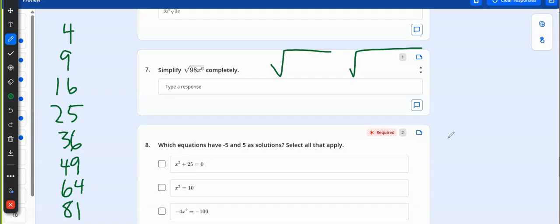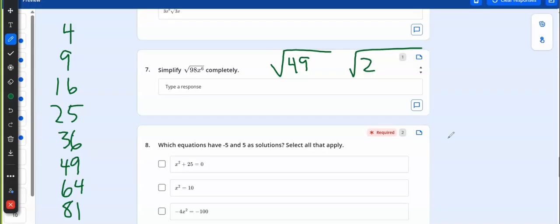Well, take your calculator right now and divide 98 divided by 36. 98 divided by 36. 49. Ah, 49 goes in 2 times.